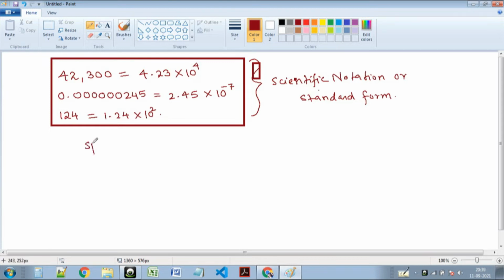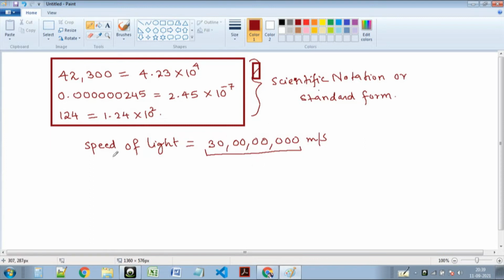Consider the speed of light. In physics you might have read that the speed of light is equal to 30,000,000 meters per second. So you can see that the speed of light is a huge number, right? Whenever we need to write the speed of light, we have to write this many times.